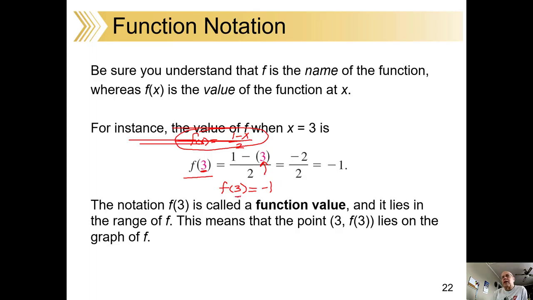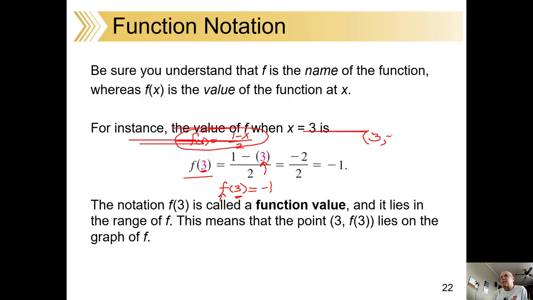This is the number you're feeding into the function. This is the name of the function. It also means something else too. It means that since this 3 is the x value, for that function, one of the ordered pairs has an x of 3, and this f of 3 says, well, when I put a 3 in, what do I get?